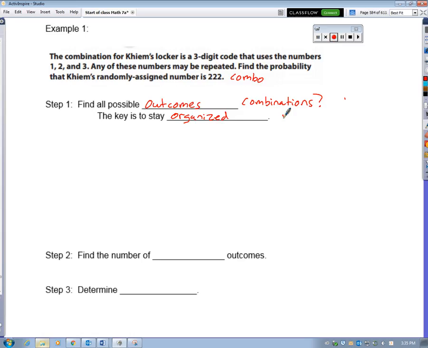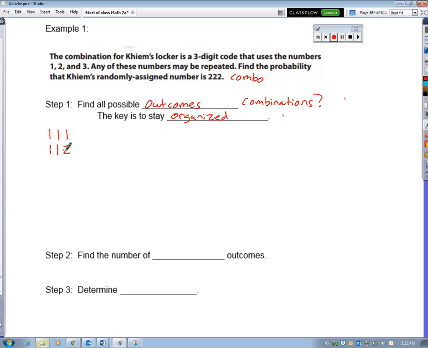So here's what I'm going to do first. I'm just going to start with 1. So he could have a locker combo that would be 1, 1, and 1. That could be one possible combination. If we stick with this same pattern, if the first number is 1 and the second number is 1, he could have a locker combination where the third number comes out to a 2.